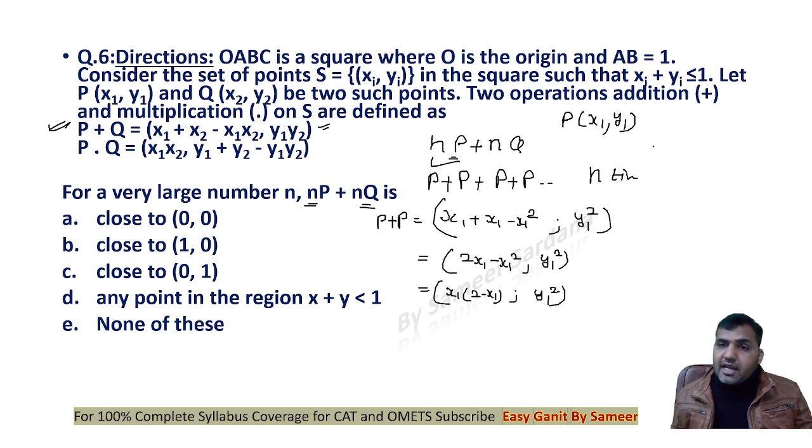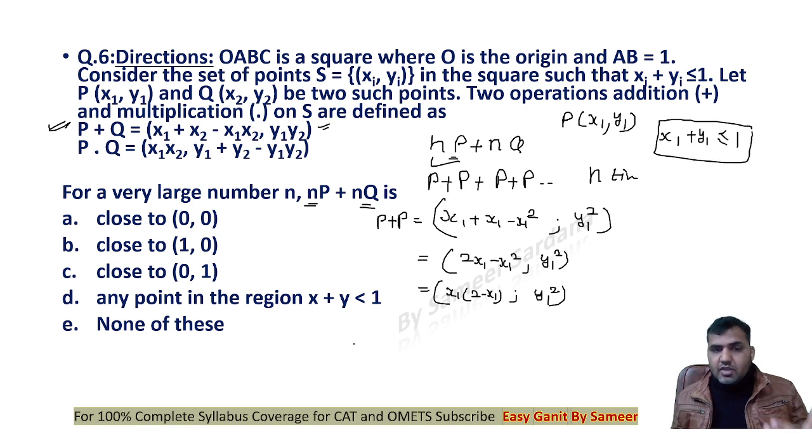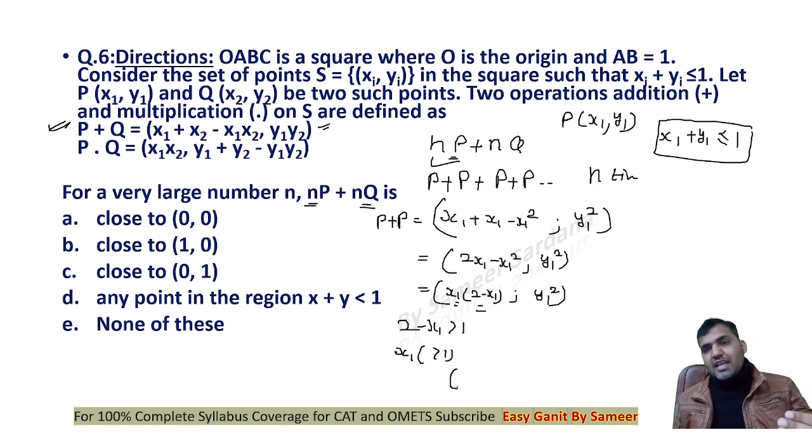Now guys, see this. I know that x1 plus y1 in total should be less than or equal to 1. So if x1 is less than 1, can I say that 2 minus x1 will be greater than 1 again? So when I multiply x1 with a value which is greater than 1, it will keep on increasing. But the max value is 1, so it will tend to 1.